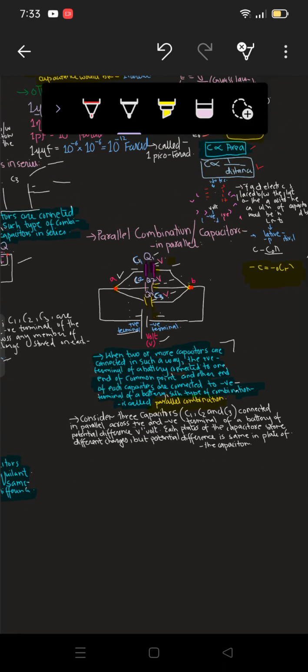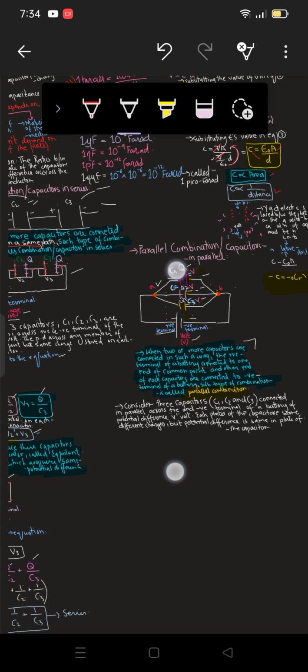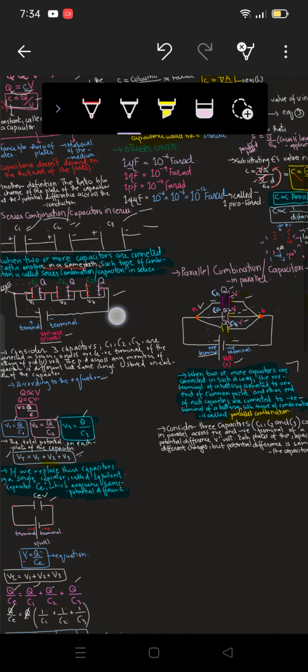So what we discussed: consider three capacitors C1, C2, C3. They are all connected in parallel across the positive and negative terminal of the battery, which provides potential difference V volt. Thus capacitors store different charges but the potential difference is the same. In series, we got to know that the potential difference on each capacitor would be different, however they store the same charge.